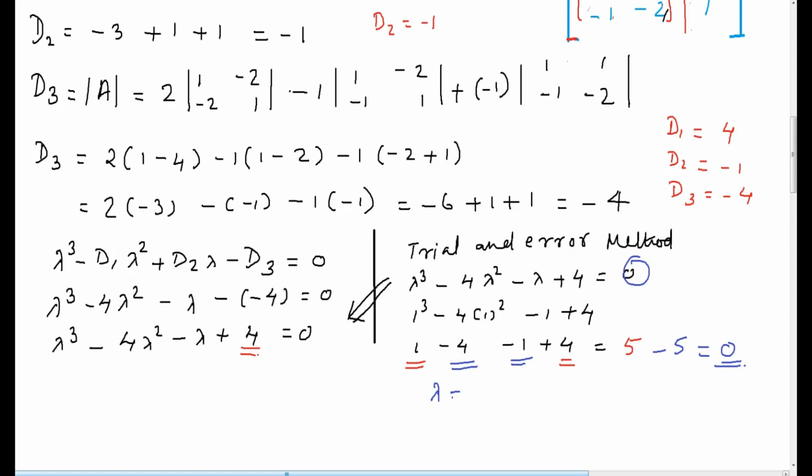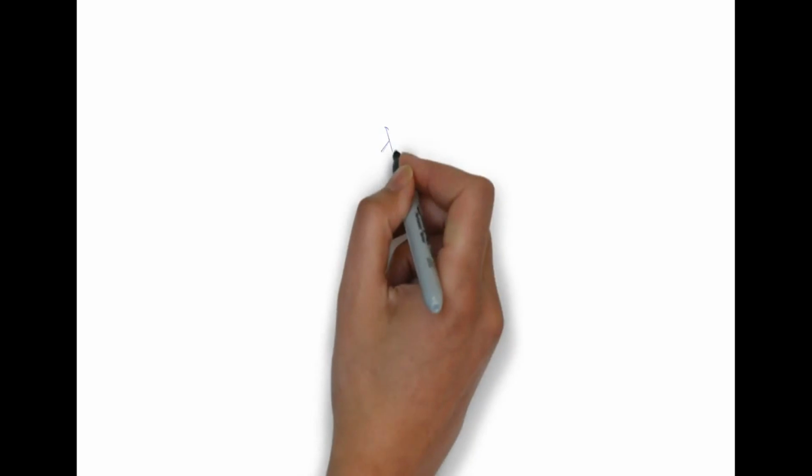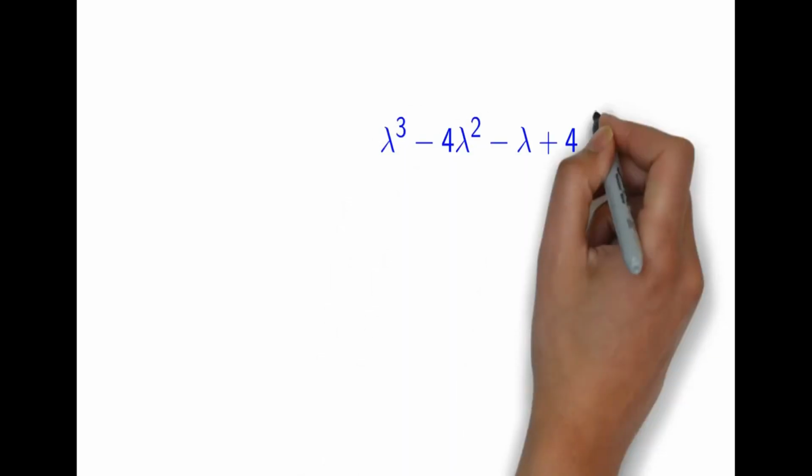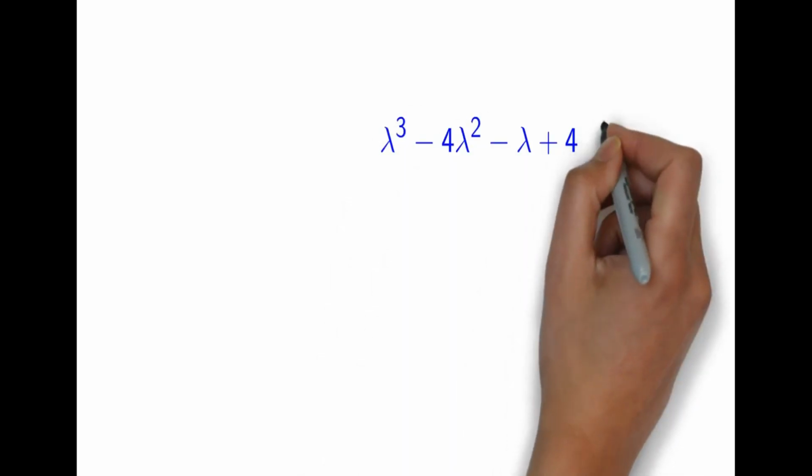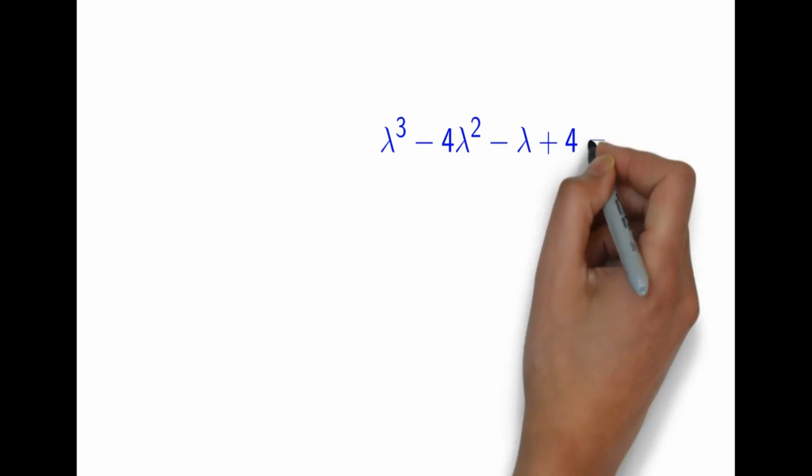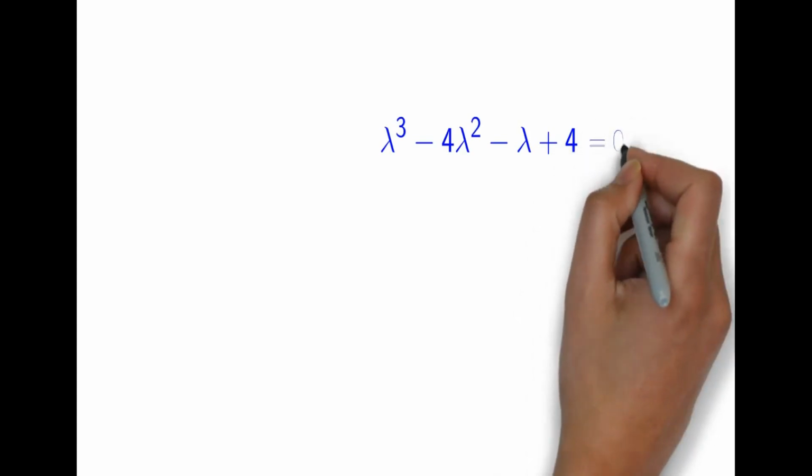For finding the other two eigenvalues, we have to factorize the equation. For that, we use synthetic division method. The characteristic equation is lambda cube minus 4 lambda square minus lambda plus 4 equal to 0.